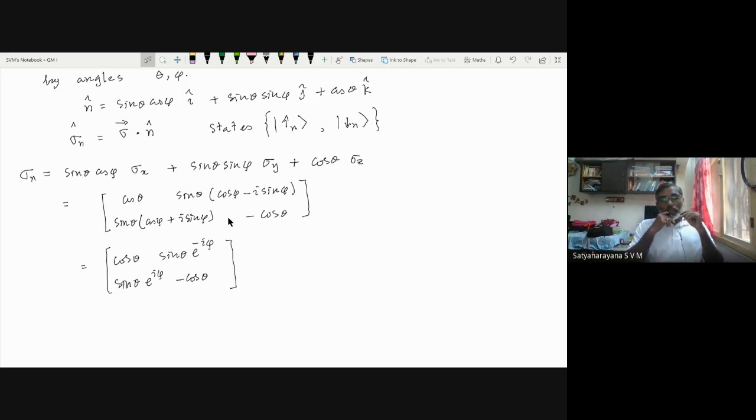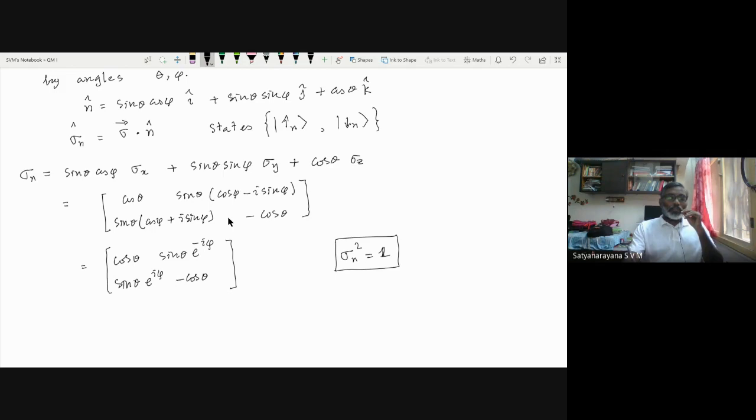Without doing any calculation, you can say the eigenvalues of this matrix are plus minus 1. Why? Because you notice that sigma n square is equal to identity.